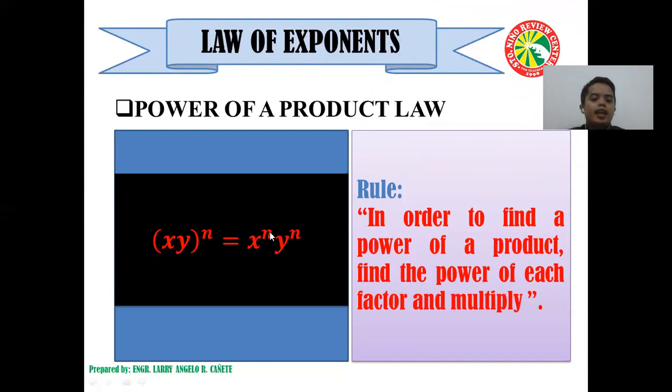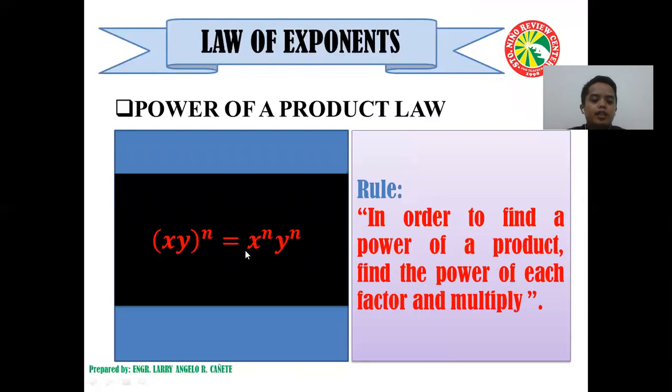So this n here would be distributed to the inside, so x to the n, of course the operation is multiplication, times y to the n. So the constant would be raised to n and the variable raised to n. That is the power of a product law.